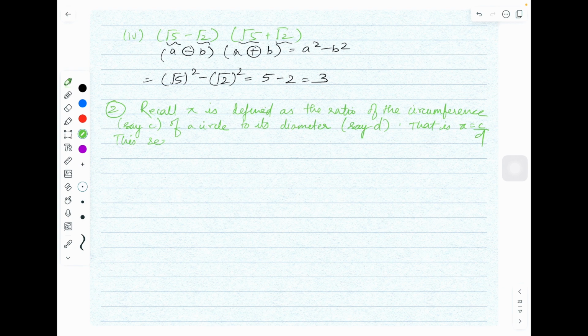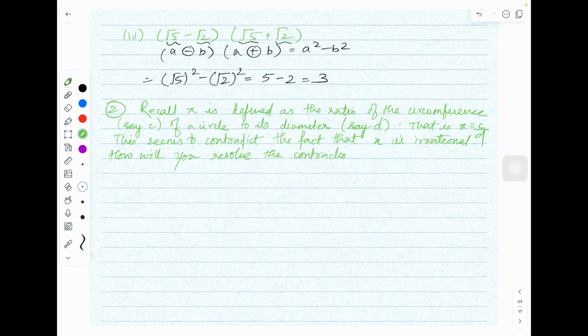This seems to contradict the fact that pi is irrational. How will you resolve the contradiction?